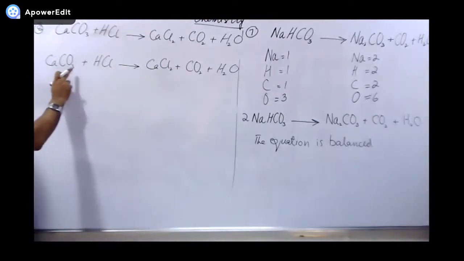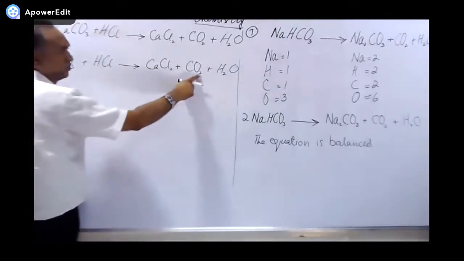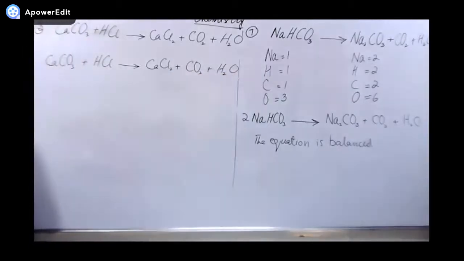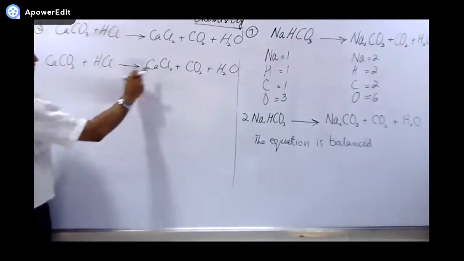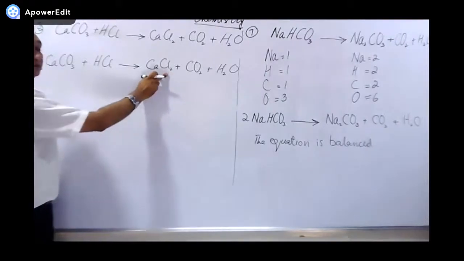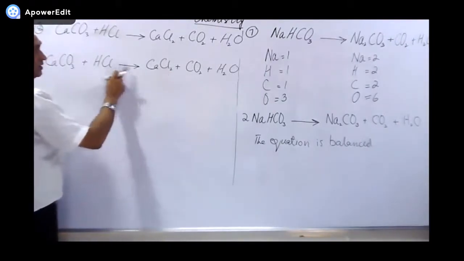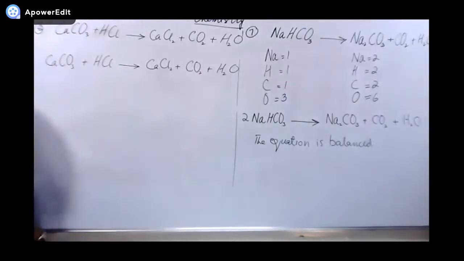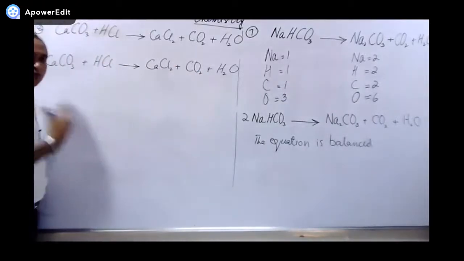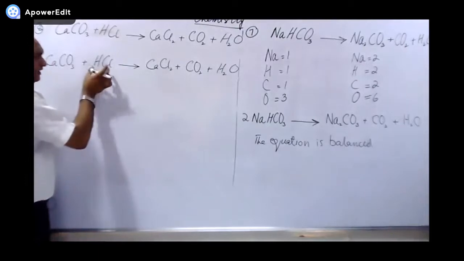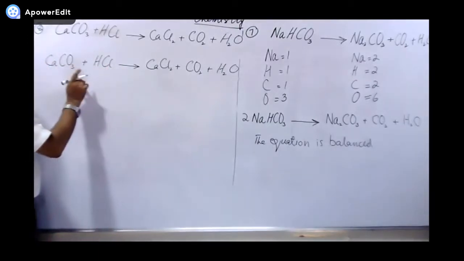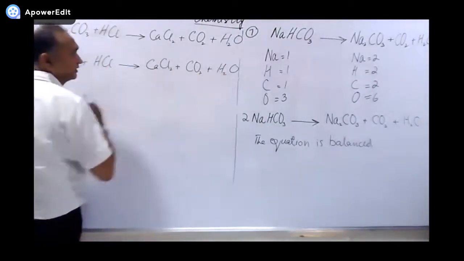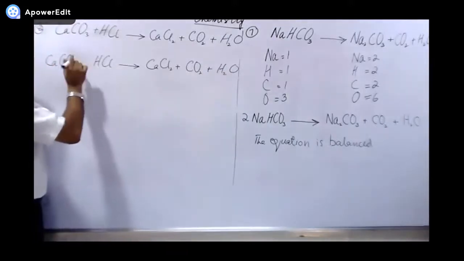Three oxygens, two and one, three oxygens. 1 chlorine, 2 chlorine, 1 hydrogen, 2 hydrogen. So what should we do to balance these two? 1 hydrogen, 2 hydrogen. Very simple, just write 2 over here.